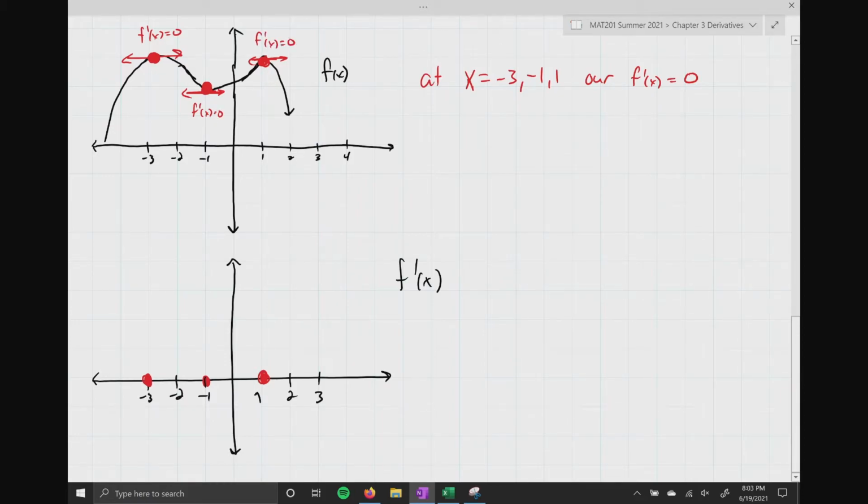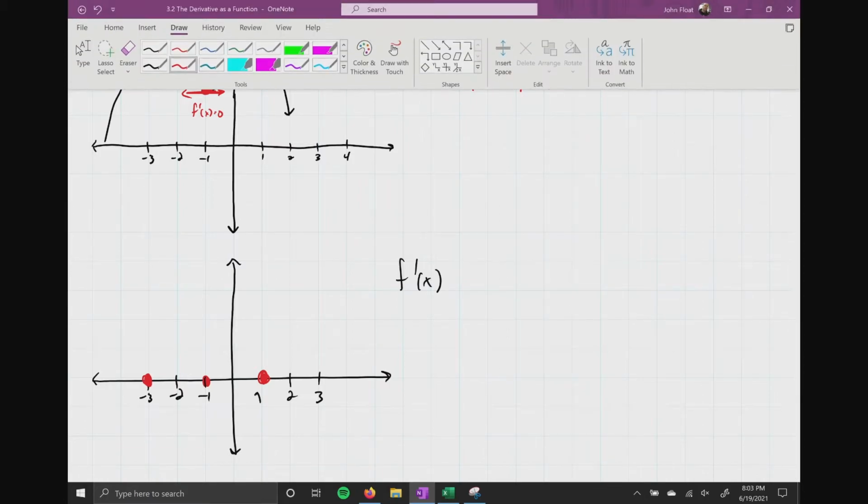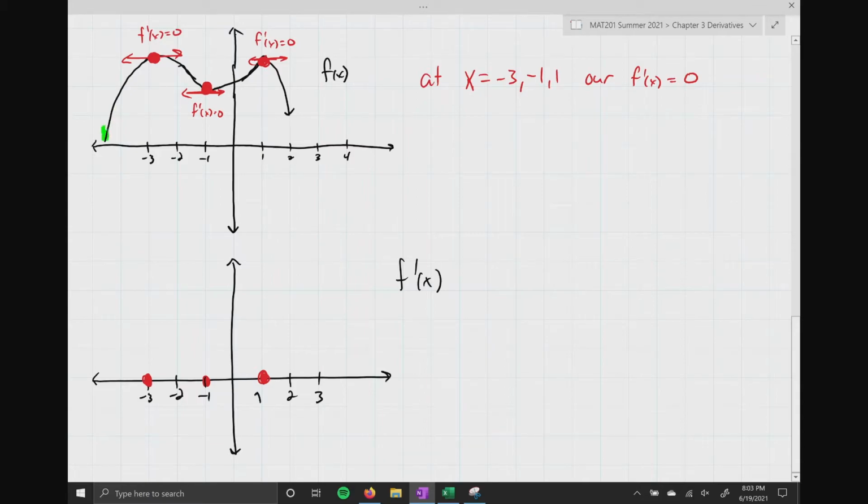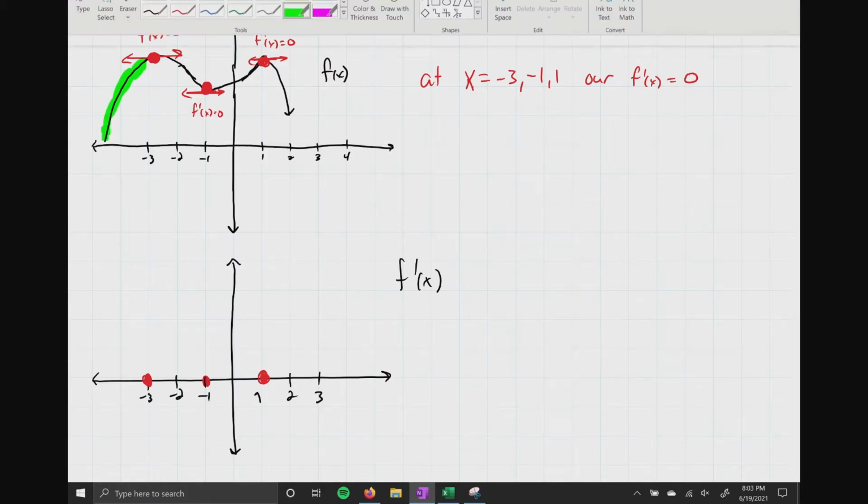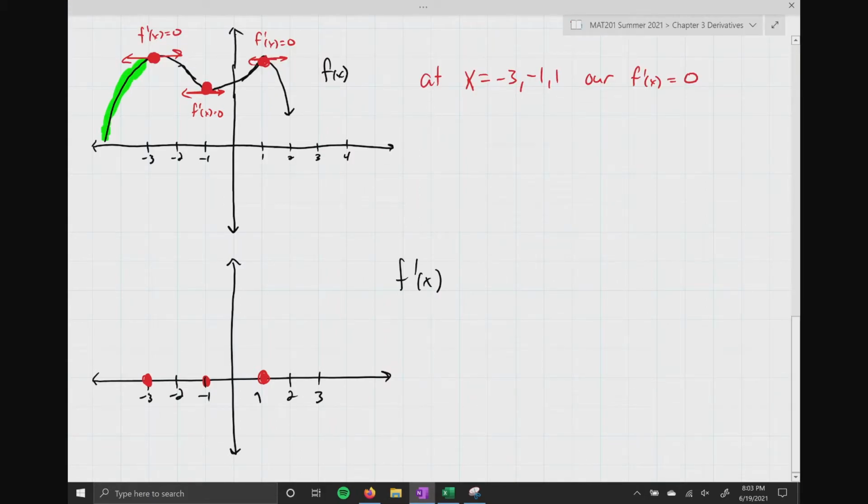Now, if you look at the information prior to those points, so let me highlight what I'm talking about. So if we look right here, we can see that all the slopes of our tangent line are positive, which means on the graph of my derivative, I have to be above the x-axis because this is going to be x and this is f prime of x. So they're all going to be positive.